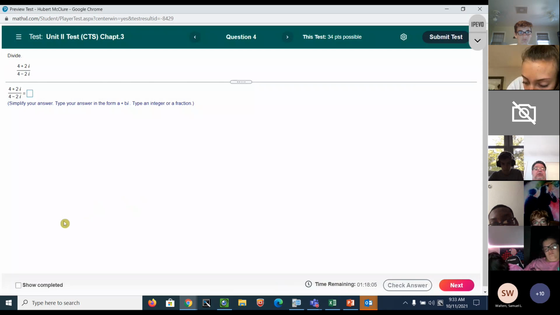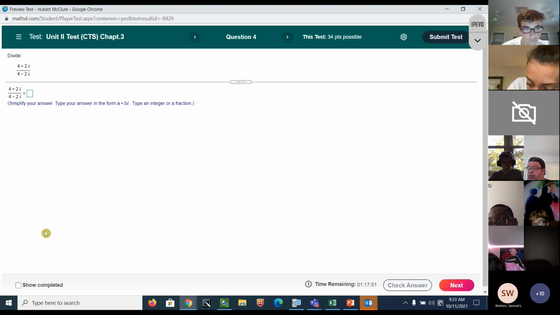Okay, this is the conjugate. I didn't cover this very much because we don't use it very much, but I'll go ahead and show you how to conjugate the denominator. So 4 plus 2i over 4 minus 2i.